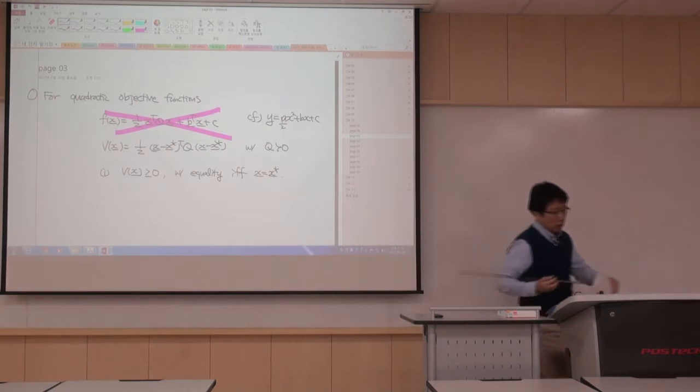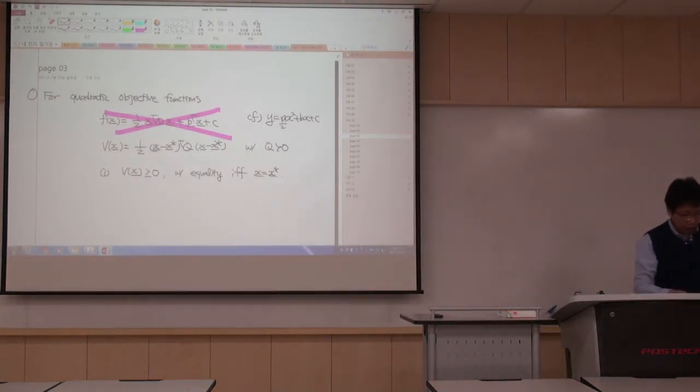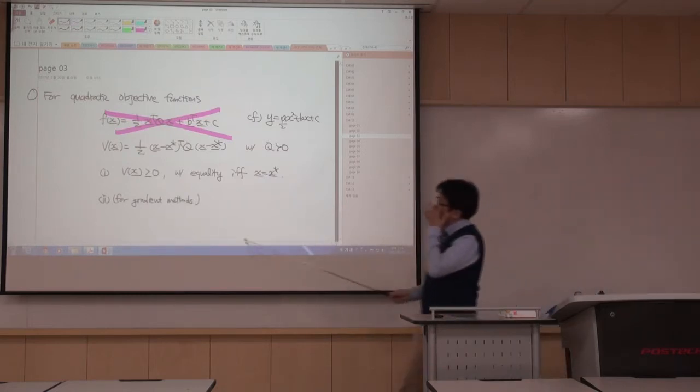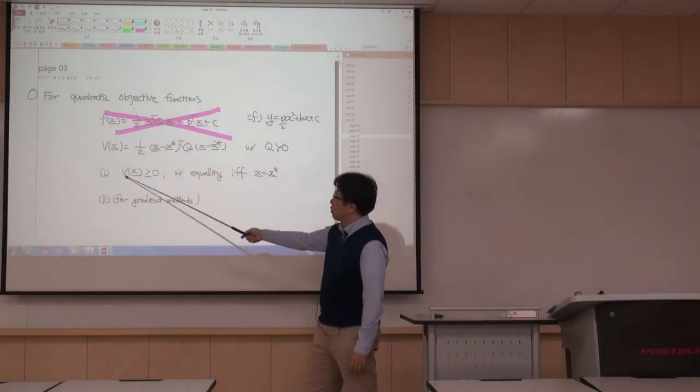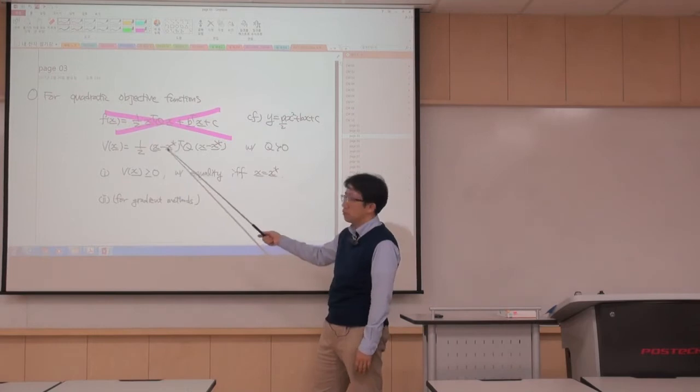And what is the second one? The second property is also quite interesting. Now this is for gradient method. Okay. So be careful. This is for general, this is the general property of this function.